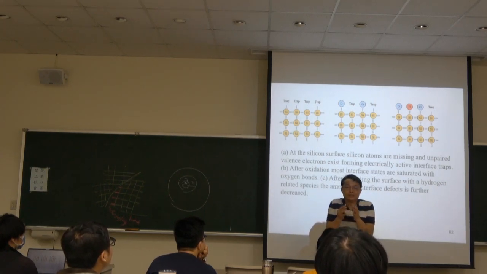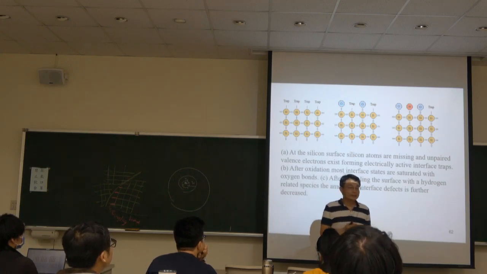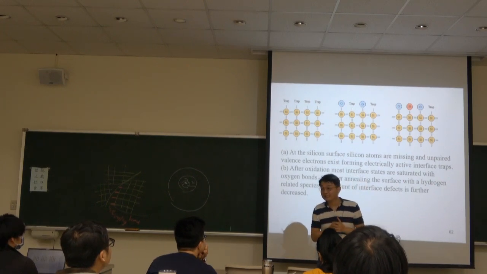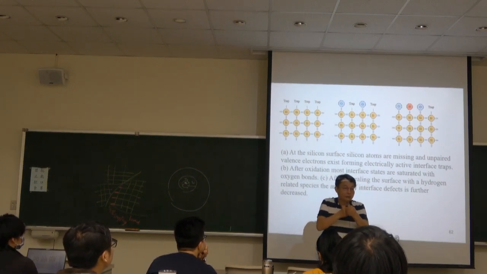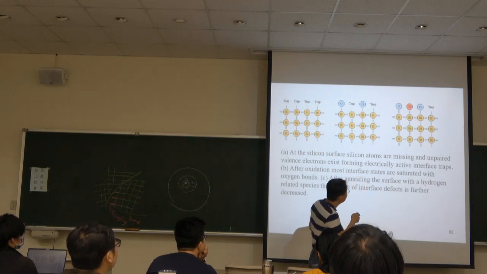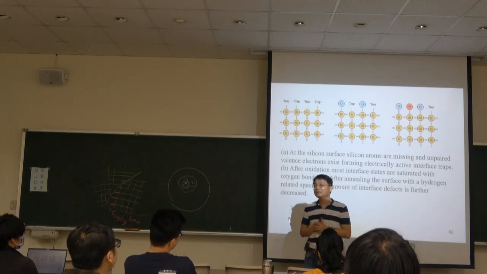But the bonding energy of silicon and oxide is higher, right? Because silicon oxide has a strong bonding energy. But silicon-hydrogen has a weaker bonding energy.